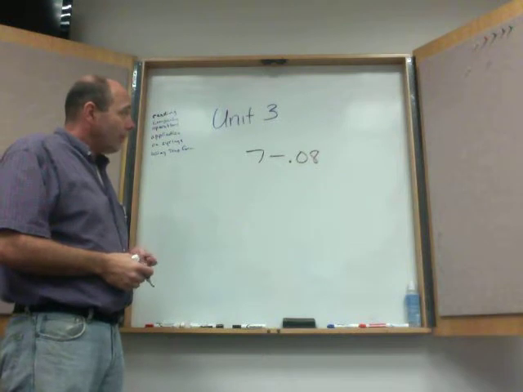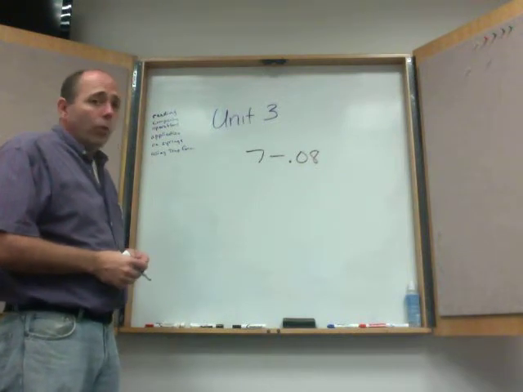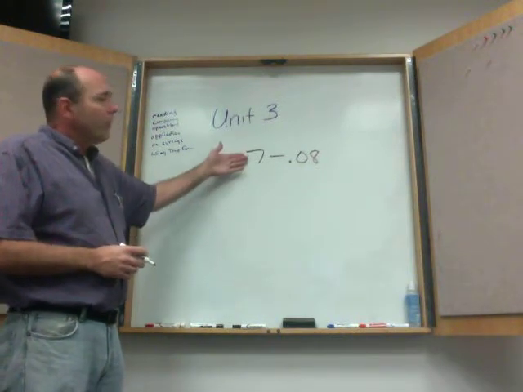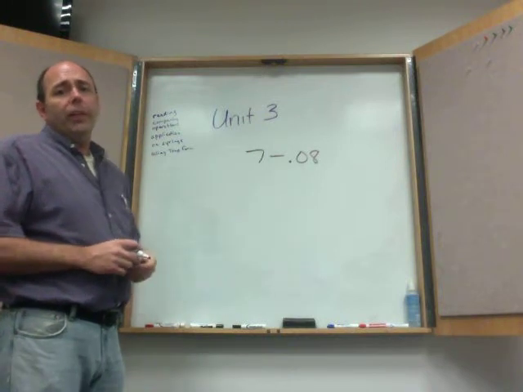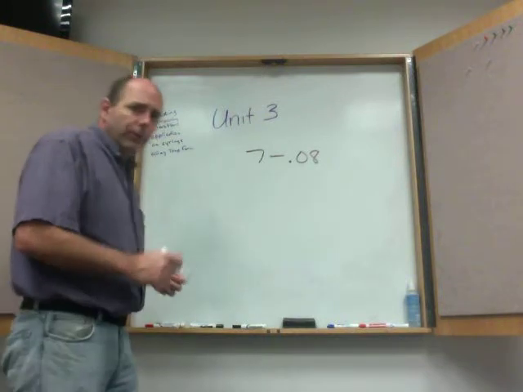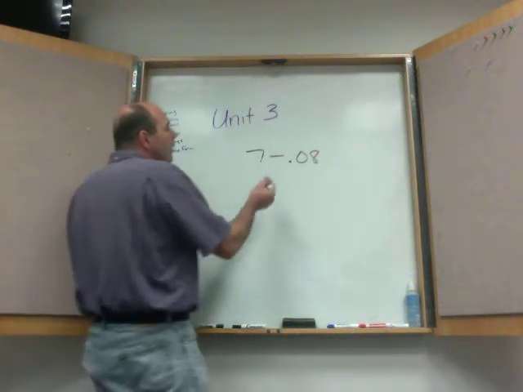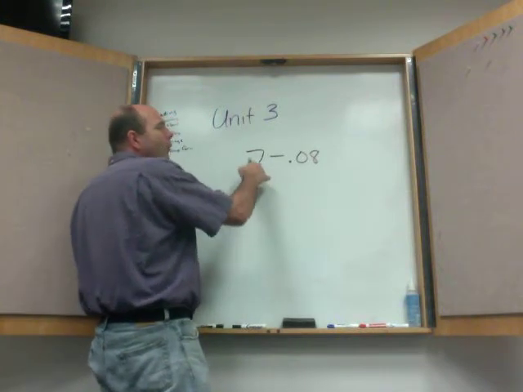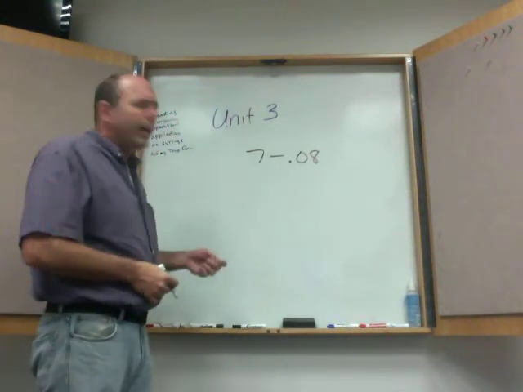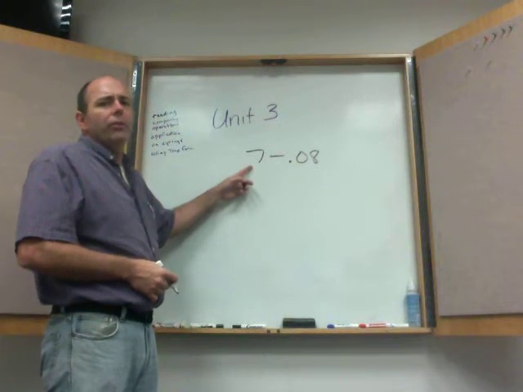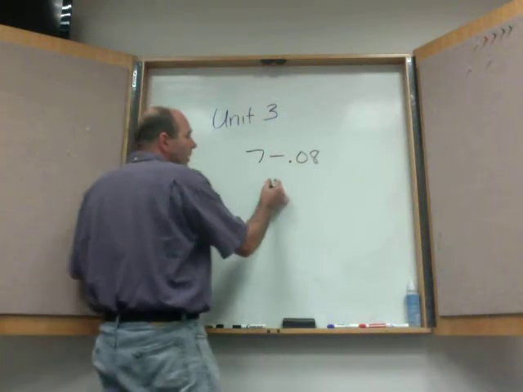I'm looking at that and saying, oh, what is that? You can think of this as $7 and you spend 8 cents, or you lose 8 cents. Your little brother comes and steals a nickel and 3 pennies from you. So I'm going to rewrite this. Again, I want to keep my decimal numbers lined up, and I hear you guys, you're saying, there's no decimal number in 7. All right, let's put one. 7.